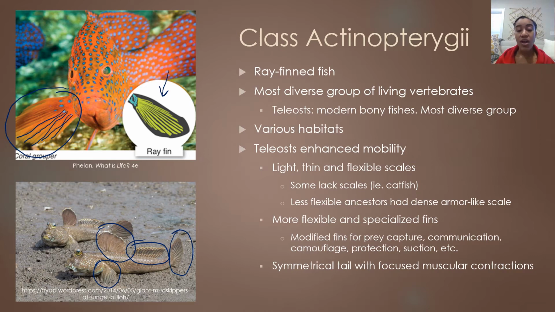And finally, they also have a symmetrical tail with focused muscles in the tail. And this allows them to swim a lot faster than if they didn't have those focused muscles or symmetrical tail.